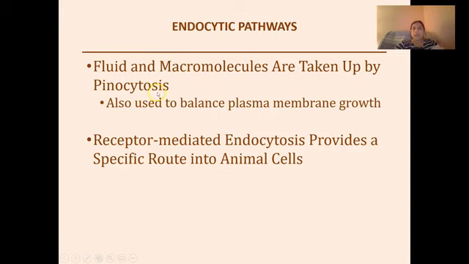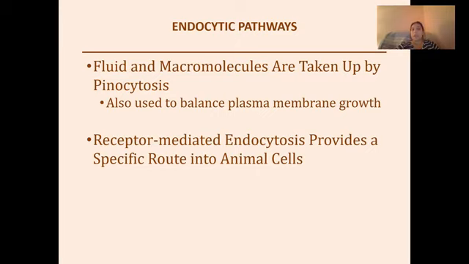So in the endocytic pathway, there is fluid as well. Whatever the environment of that cell is, it's going to pick some of that fluid up as well, along with macromolecules or those bacteria that it is taking in.